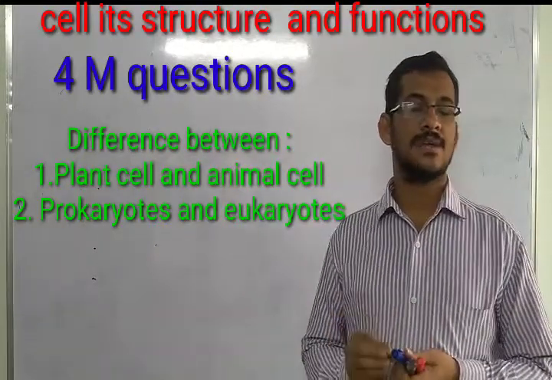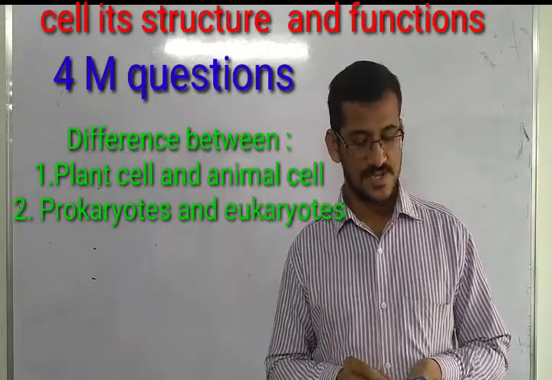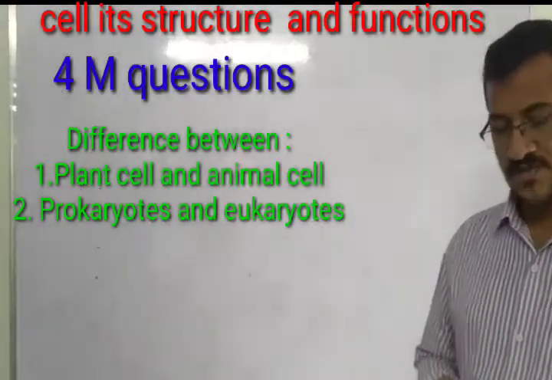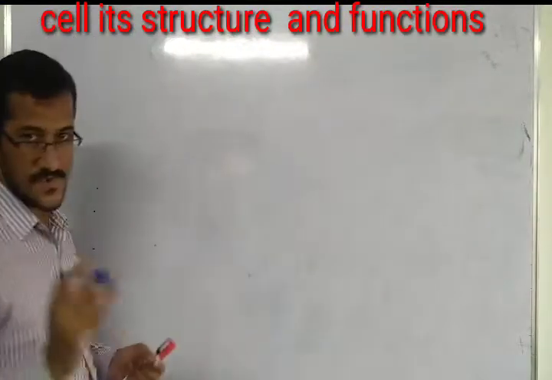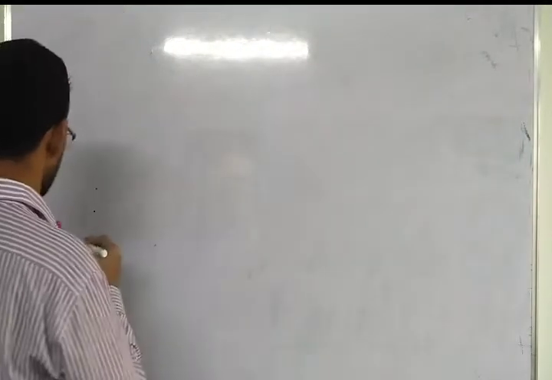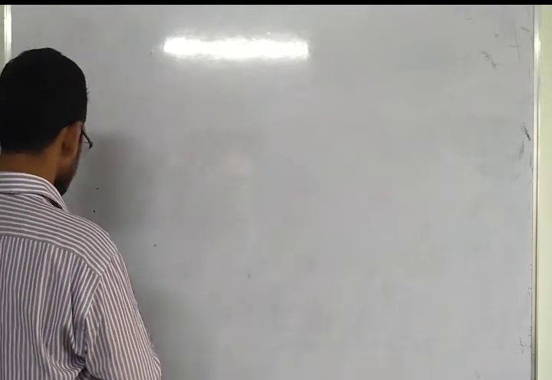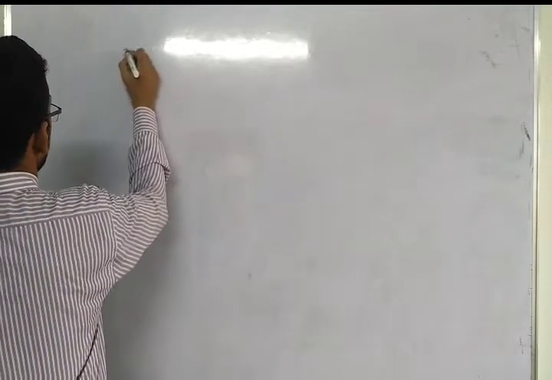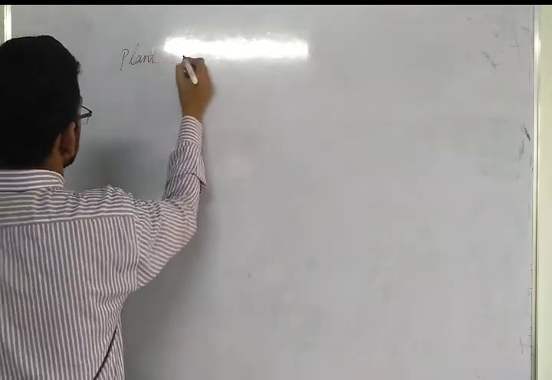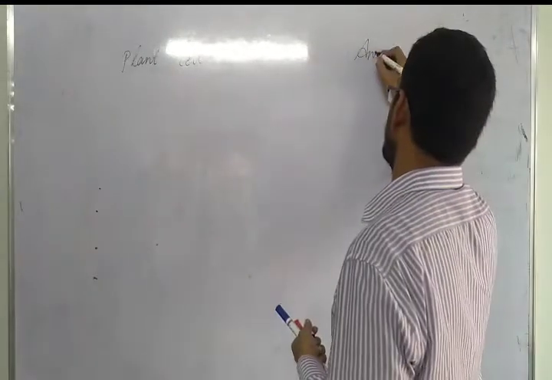Differentiate between plant cell and animal cell, and prokaryotic cell and eukaryotic cell. They will ask you this question for 4 marks. I'll give you a very brief explanation of how you should answer, so listen carefully. Plant cell and animal cell.